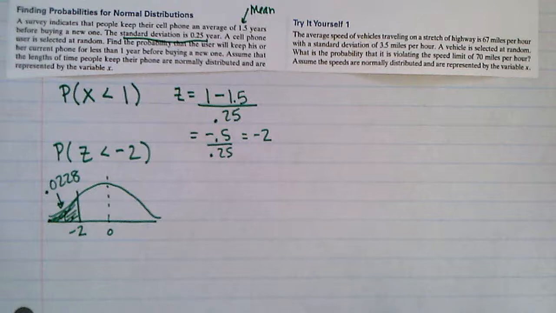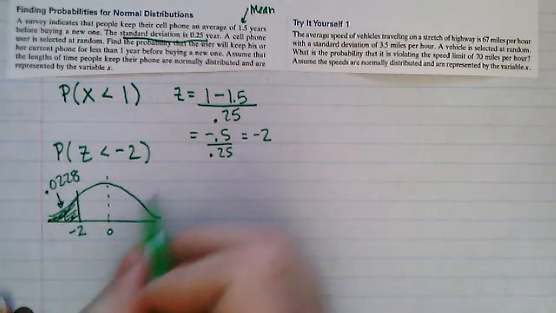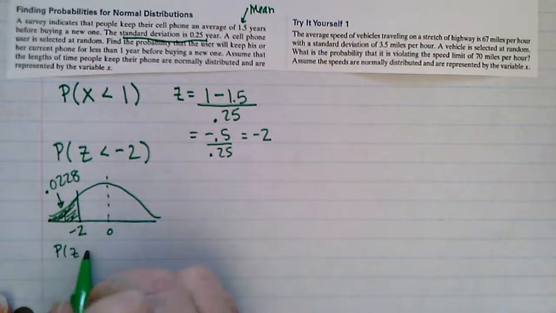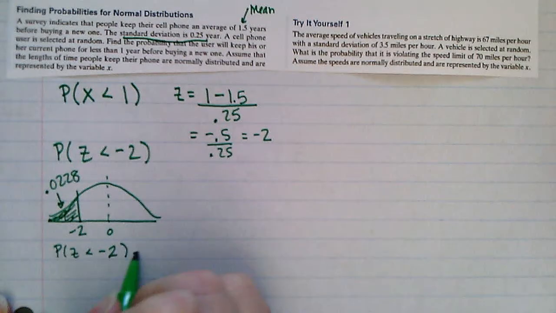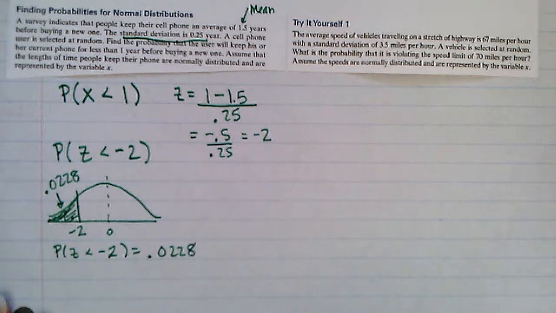And since that area is the shaded region that I'm looking for, then I know that the probability that z is less than negative 2 is 0.0228.